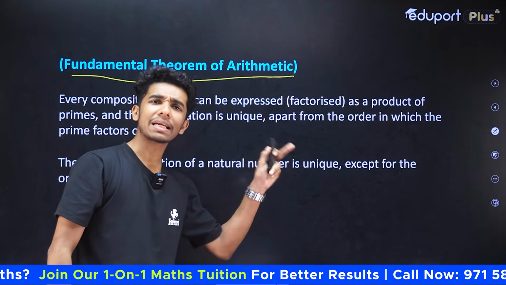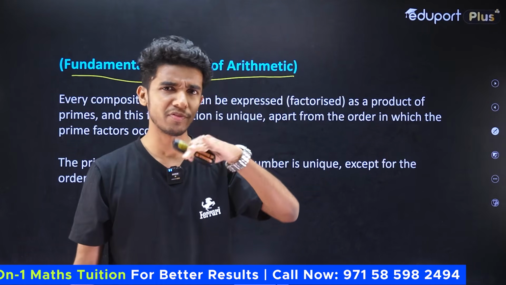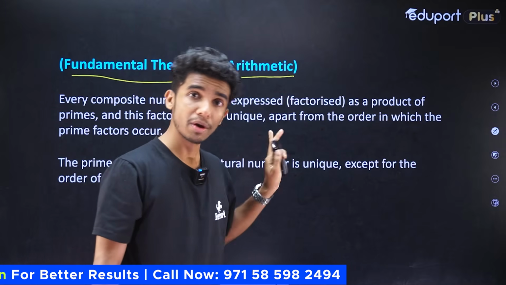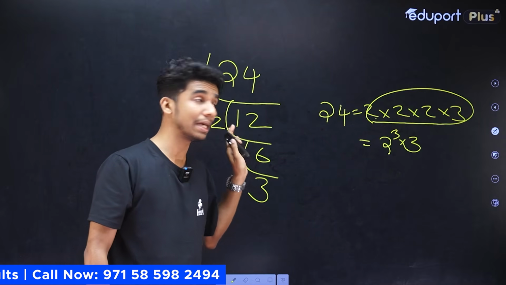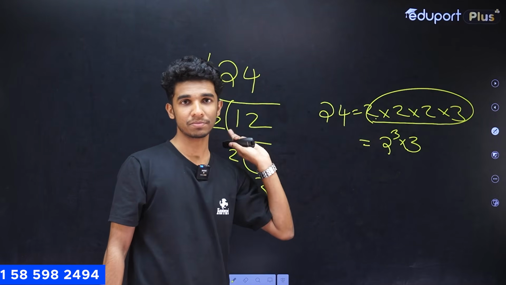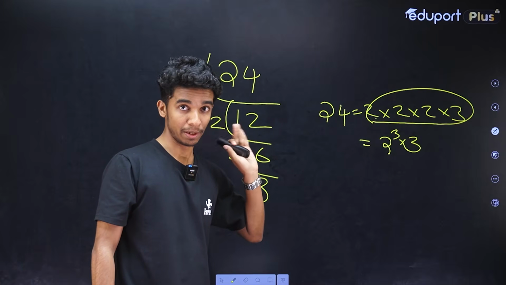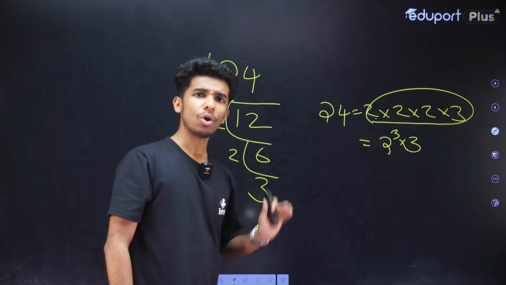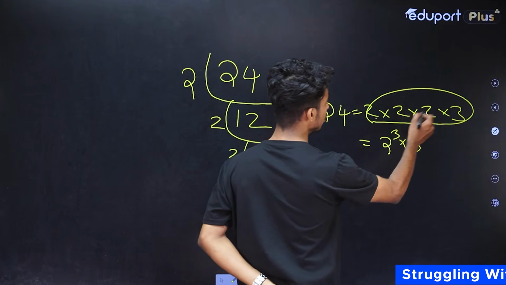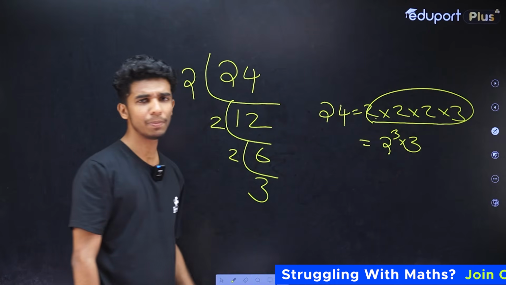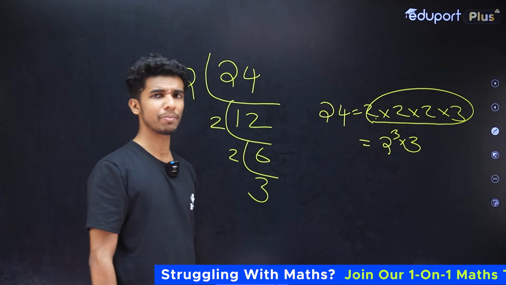So, you can factorize any composite number. Prime numbers cannot be factorized. Any composite number can be written as a product of prime numbers, and that written form is unique. No other number exists in the form of 2 into 2 into 2 into 3. It will only be 24. That is the fundamental theorem.